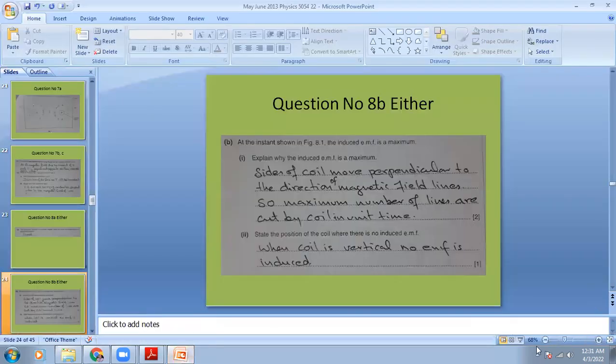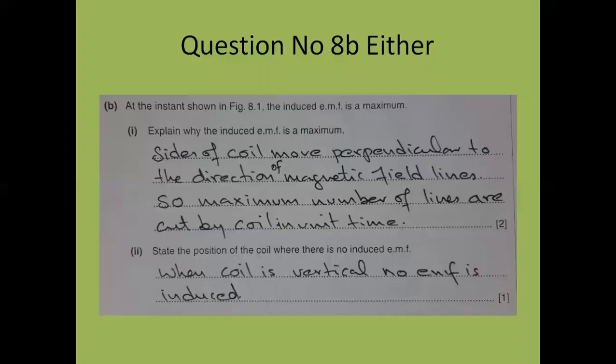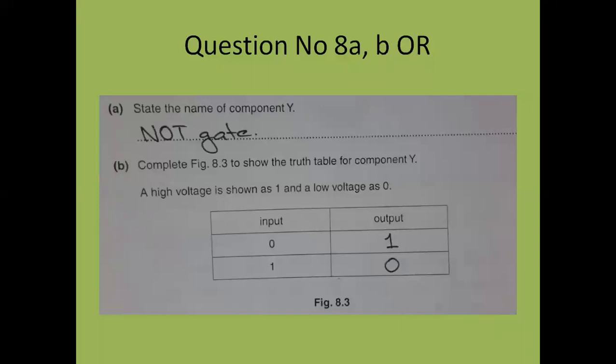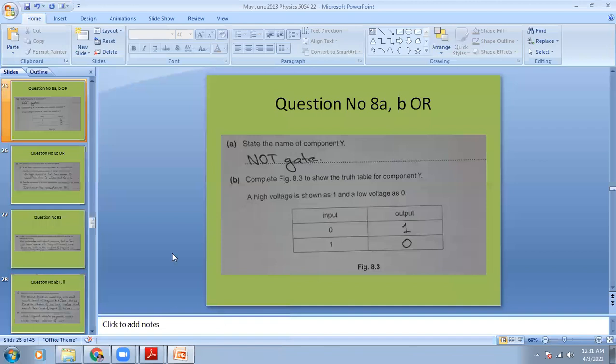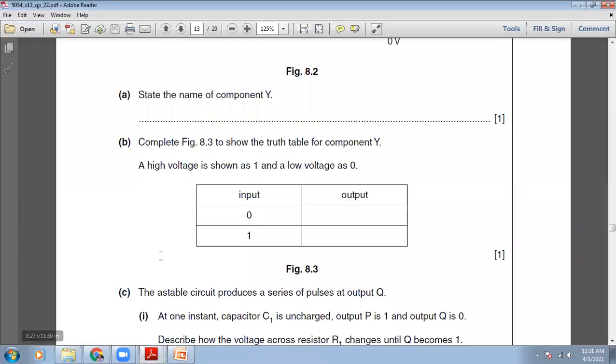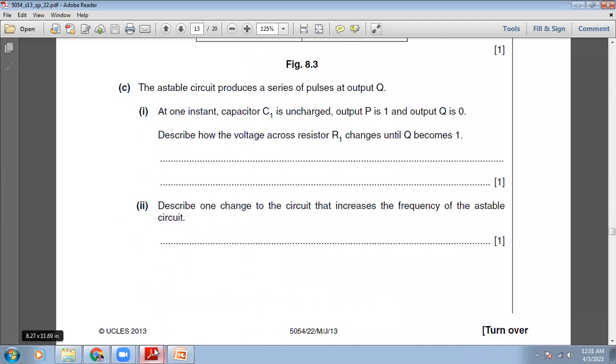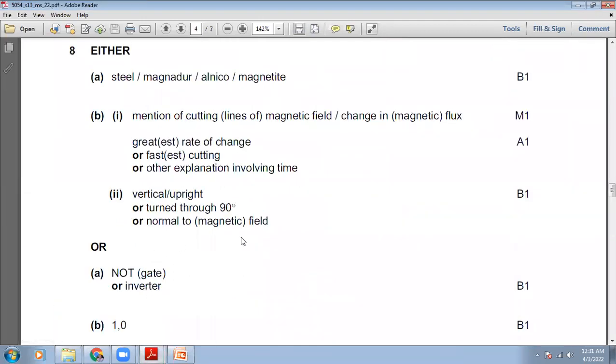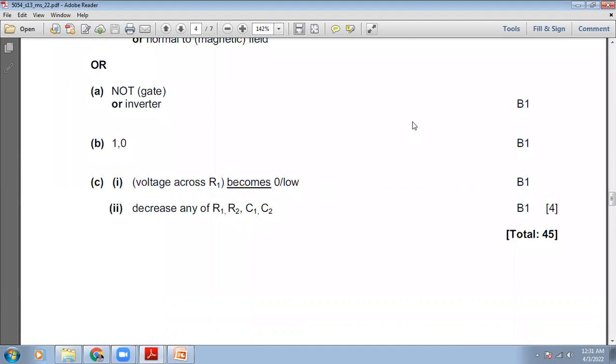Okay. The name of the component is NOT gate, and if the input is 0, the output will be 1. If the input is 1, the output will be 0. Let me show you the answer. First of all, NOT gate, inverter.